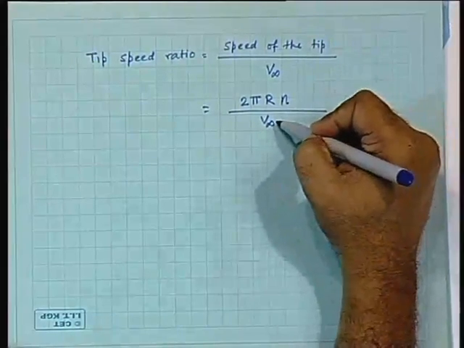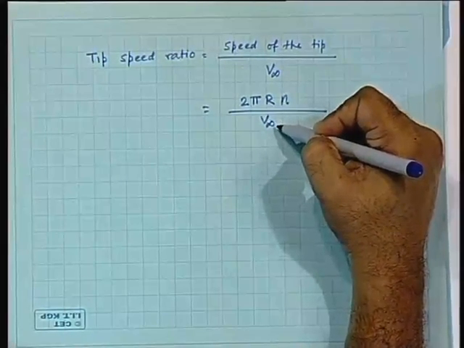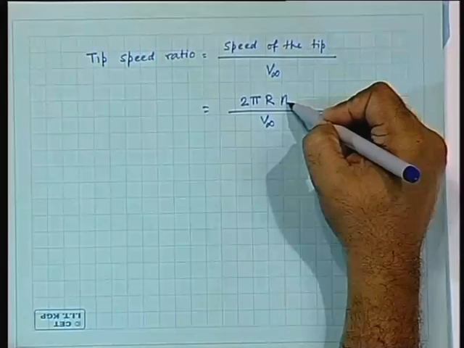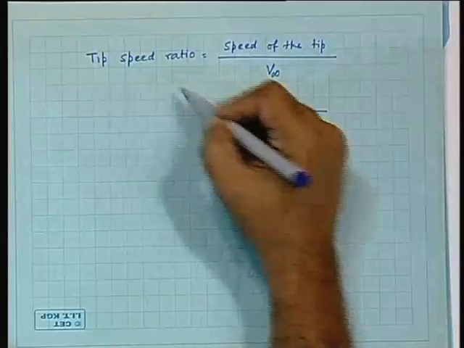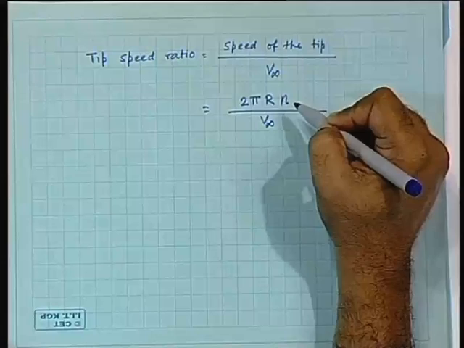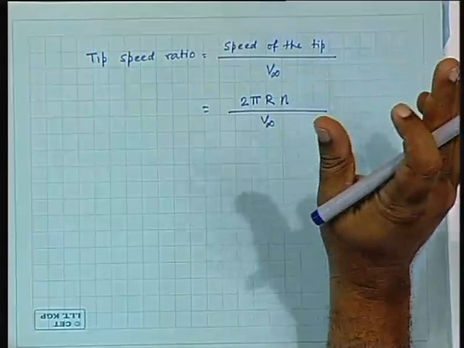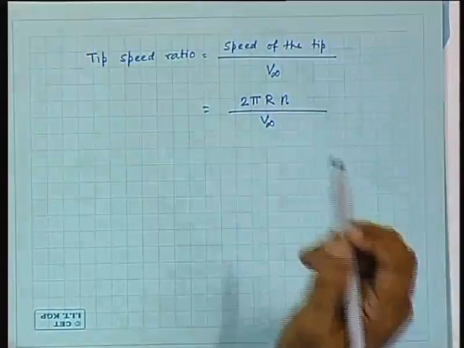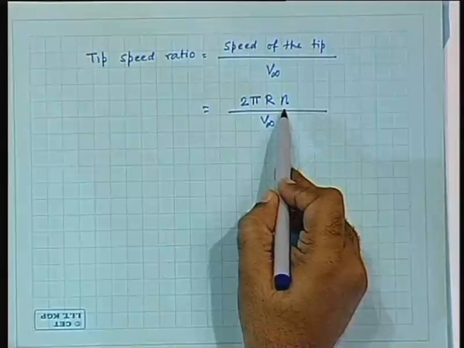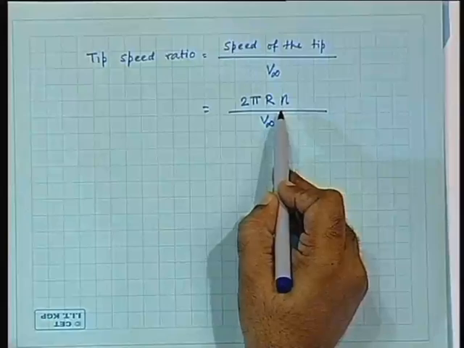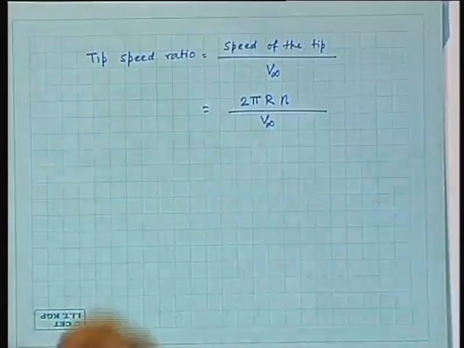Now notice that as the wind speed changes, if the speed of rotation remains constant, then the tip speed ratio changes. Okay. There is another important identifier. One thing is that there are very slow turbines, the turbines that are mainly used for say water pumping, they are slowly rotating.